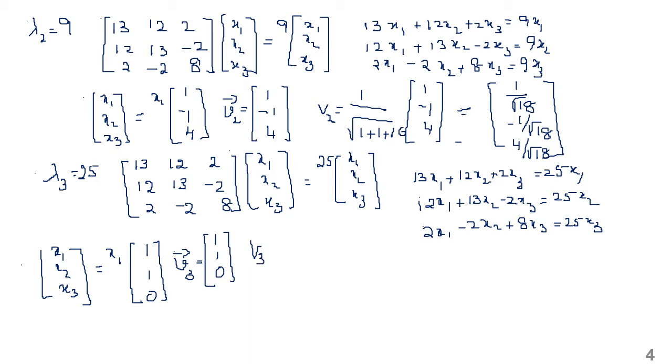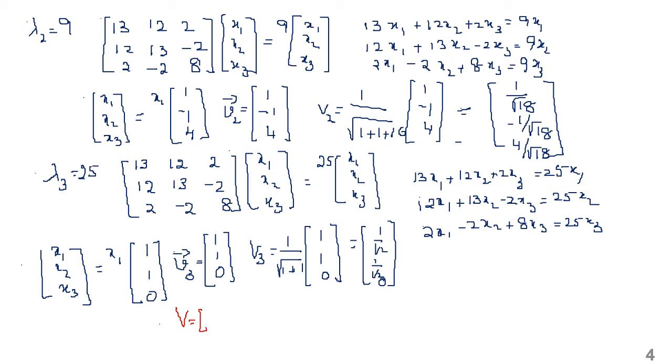So we convert it to unit vector. So divided by root of 1 square plus 1 square, that is root 2, 1, 1, 0. That gives you 1 divided by root 2, 1 divided by root 2, 0. Therefore, I can write the vector V.